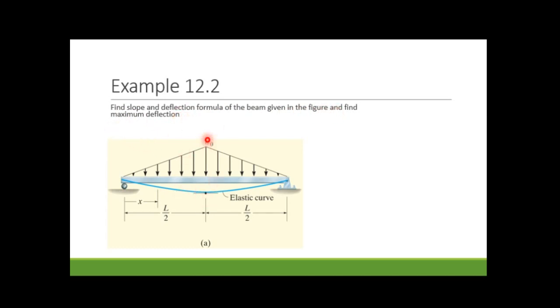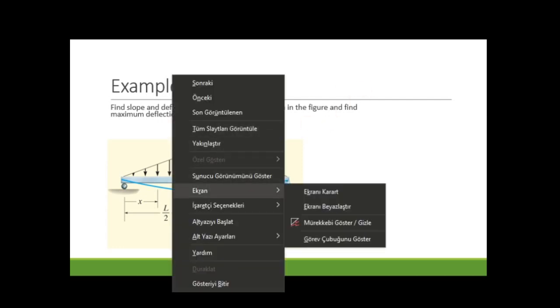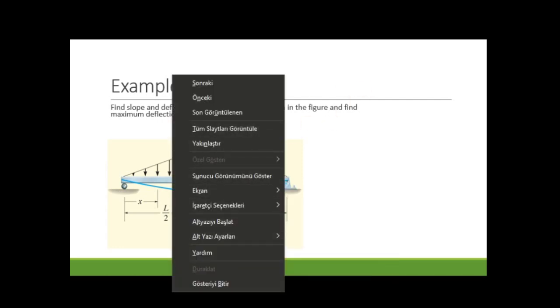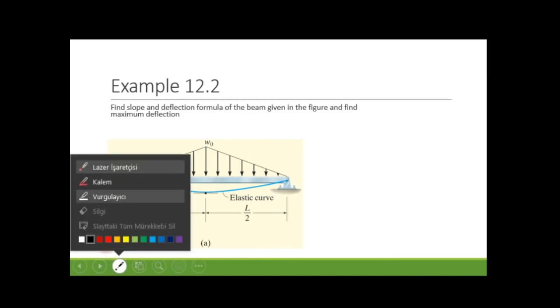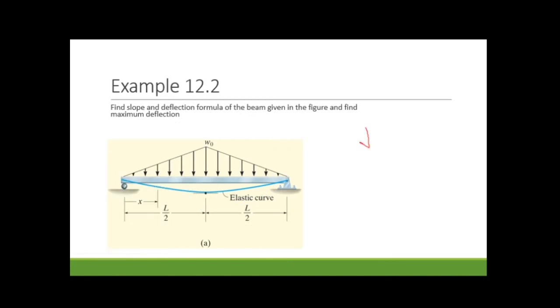You can easily realize that the maximum deflection occurs at the middle of the beam. So you can also see that the slope at the middle of the beam is 0. So we can easily see dy over dx at L over 2 is equal to 0.